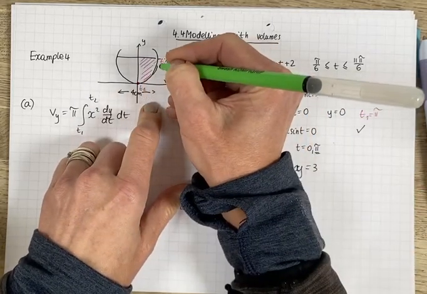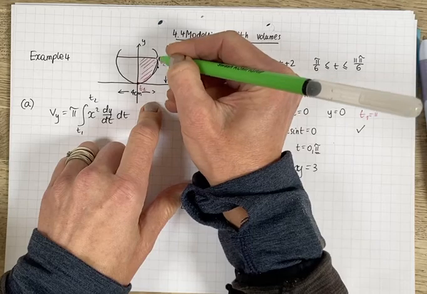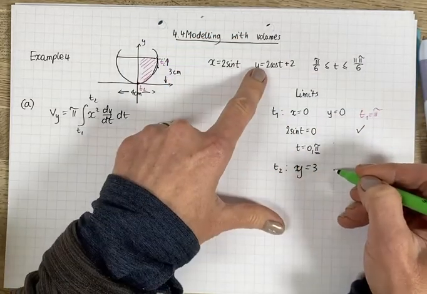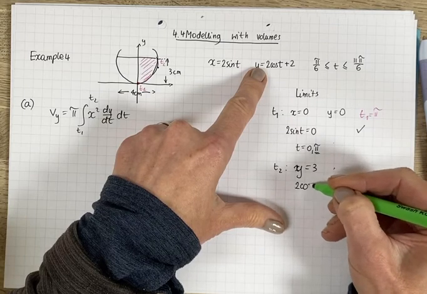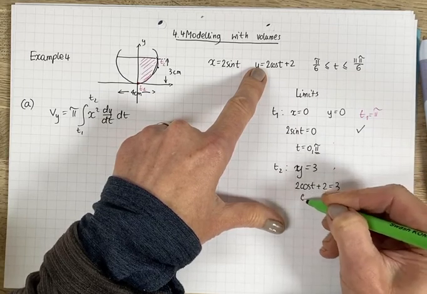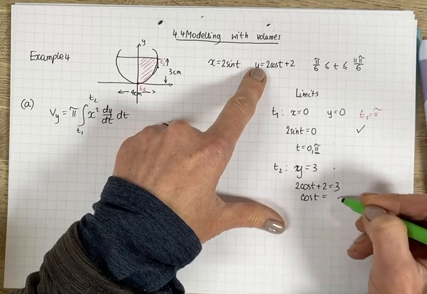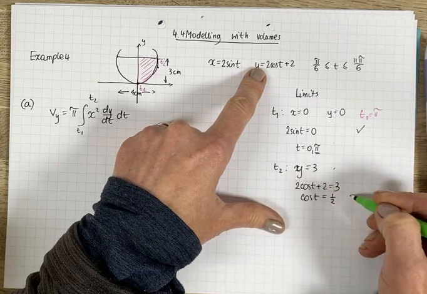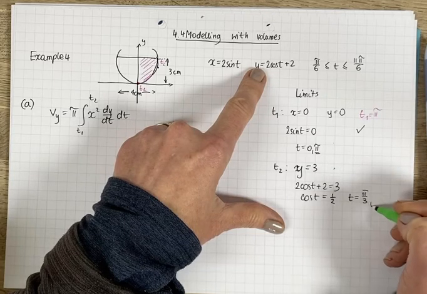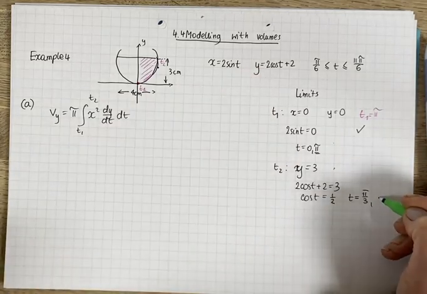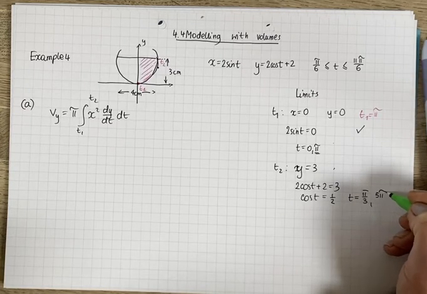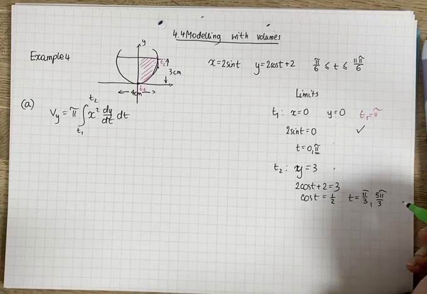This is not a very good drawing for that value. So we've got to solve this mini equation: 2 cos t plus 2 is equal to 3. So cos t is equal to 1 over 2. That means t is equal to pi over 3, and then the other t would be 2 pi minus pi over 3, so 5 pi over 3 as well.